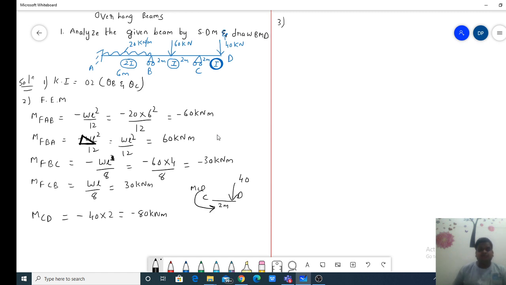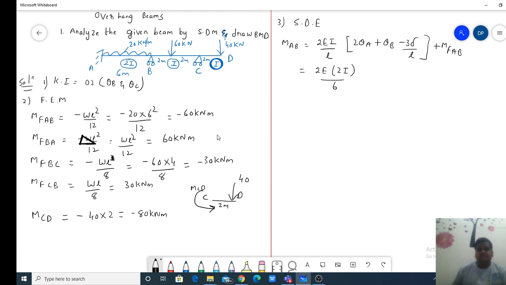Next, coming to the third step, that is our slope deflection equations. You know that MAB is equal to 2EI upon L into 2 theta A plus theta B minus 3 delta upon L, plus MFAB. Wherever I is there, you need to put 2I, because for AB it is 2I.